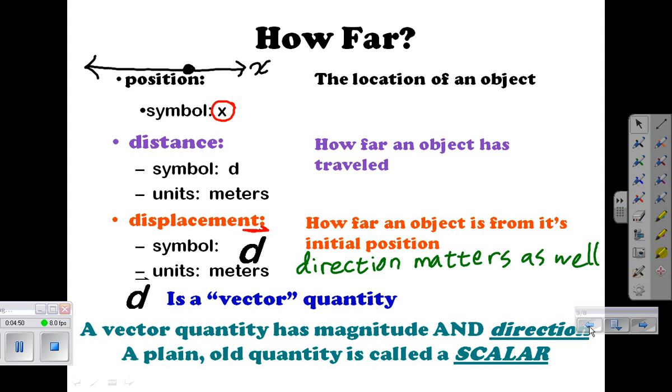A plain old quantity like distance is called a scalar quantity. So I'll put up here, distance is a scalar. It's just the number.